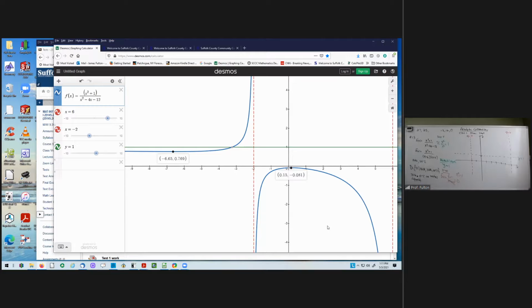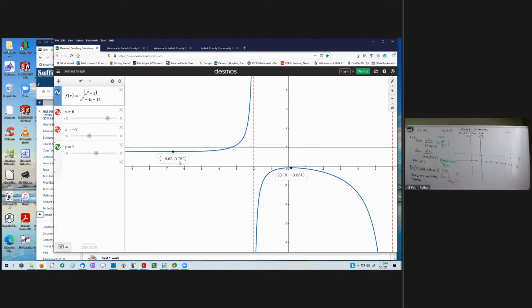In one case I have 0.769, that's the minimum value there, and negative 0.081. That's going to help me approximate the range. What do I mean? I will never get any value between a negative 0.081 for y and a positive 0.769. So I'll never get anything out of that function in this range right here, so I have to exclude that.